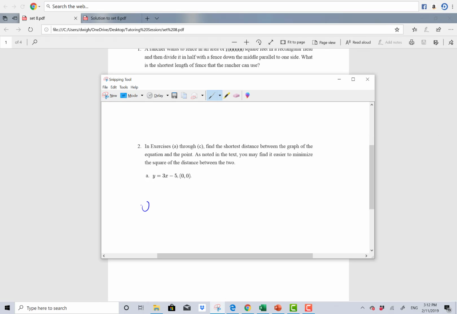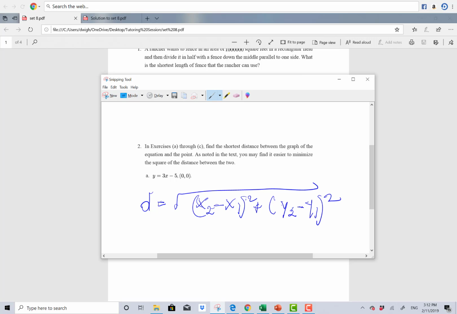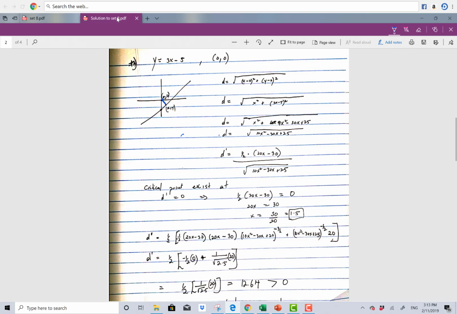I know that the distance formula is equal to the square root of x2 minus x1 squared plus y2 minus y1 squared. That's my distance formula.